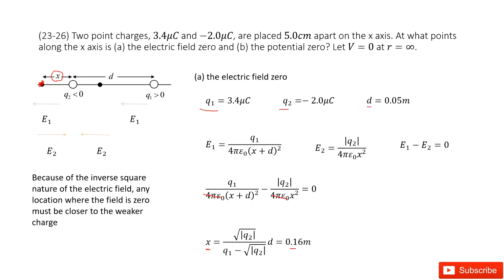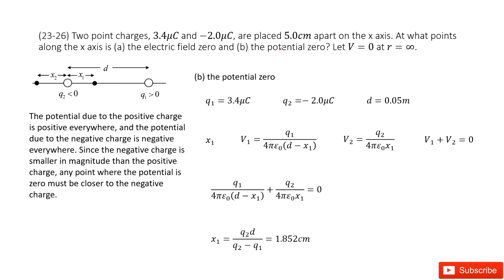The next one asks you where the potential is 0. As we know, we can find the point charge potential as Q divided by 4 pi epsilon 0 and then distance. Agree? So that means if we want to make the potential 0, it may be at there, it may be at there, right?